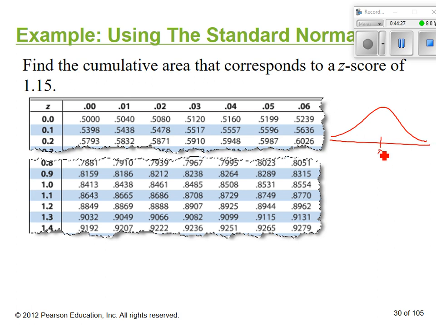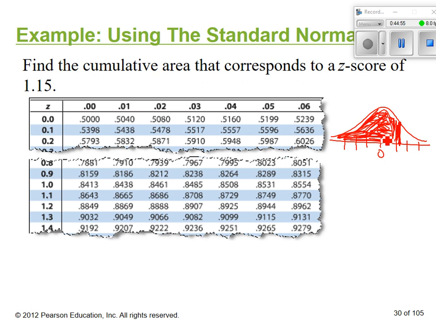You're going to draw your little curve here, put your 1, 2, and 3, and -1, -2, -3 on there. We want a z-score of 1.15, which would be somewhere right about in here. So what we're trying to find is this area, the area of that part of the curve.